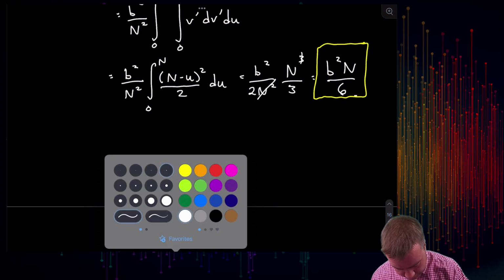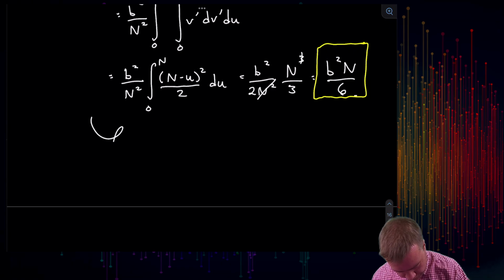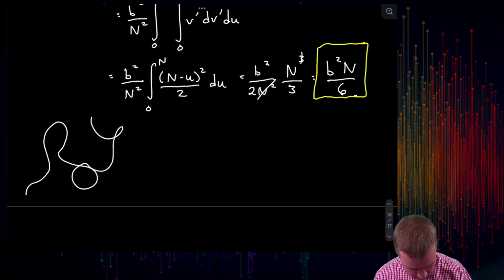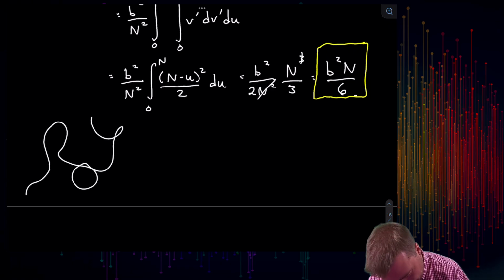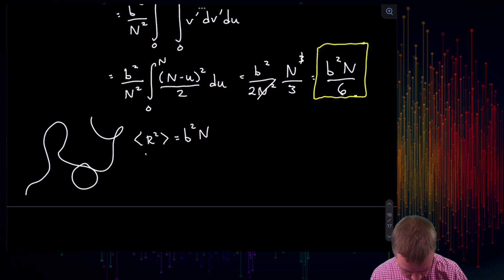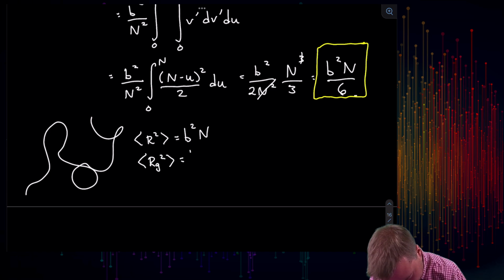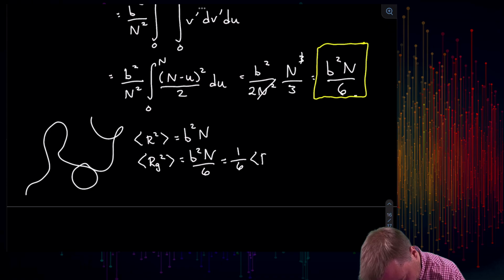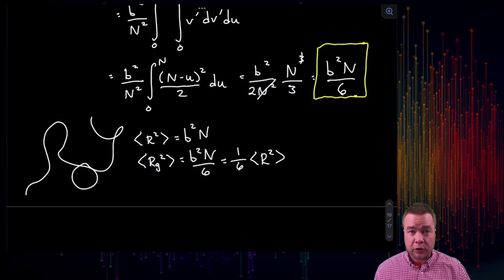And so to summarize this, if we have a linear chain, so a linear chain looks like this, right? It's just a straight line. Then R squared is b squared n. Rg squared is b squared n divided by 6, or 1/6 of R squared.